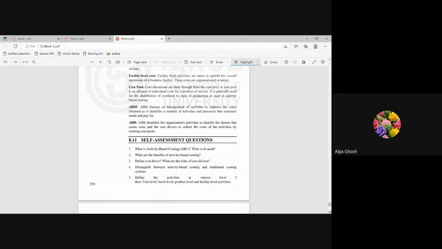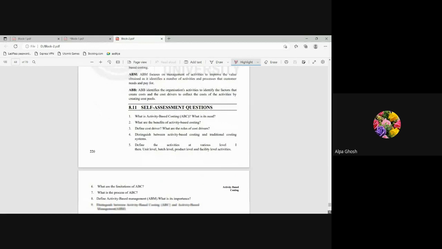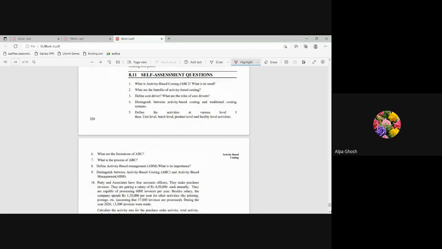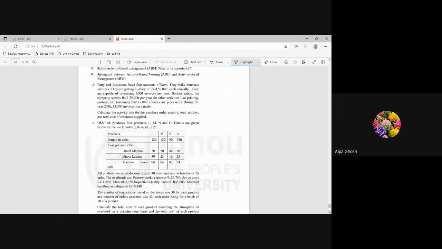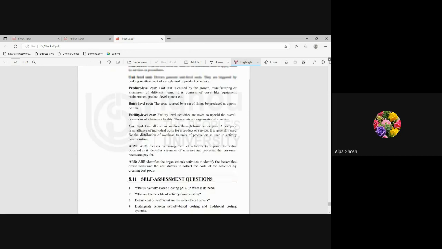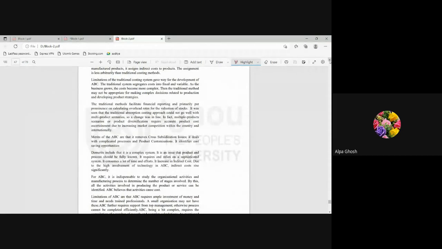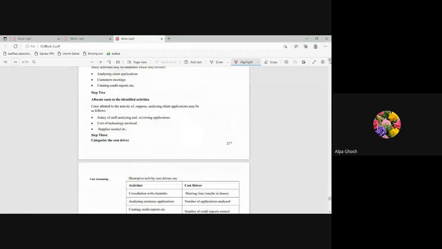There are a few self-assessment questions. It is theory also, and there are practicals also for the same. So try to go through it. The practicals may be slightly difficult. So for this chapter in this particular block, you can go confidently with the theory part. And for the first two chapters, which are easy in calculation, you can go with the practicals. This way you can balance the difficult one and the tough one. I hope you are getting what I'm saying.